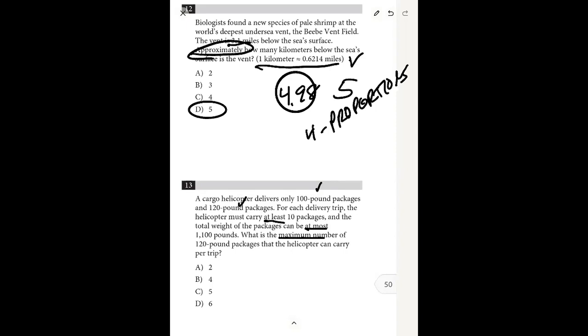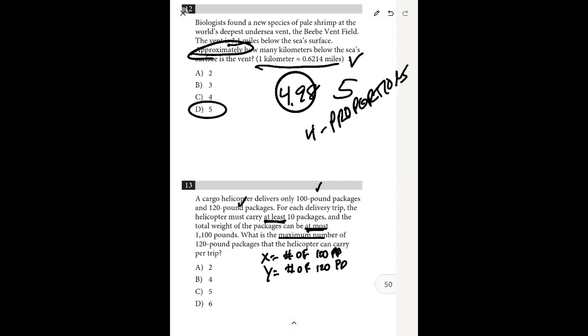All right, so this is a system of linear inequalities, and it's an inequality because it says at least and at most. So here we go. X stands for the number of 100-pound packages, and Y stands for the number of 120-pound packages. All right, so here are our two equations.